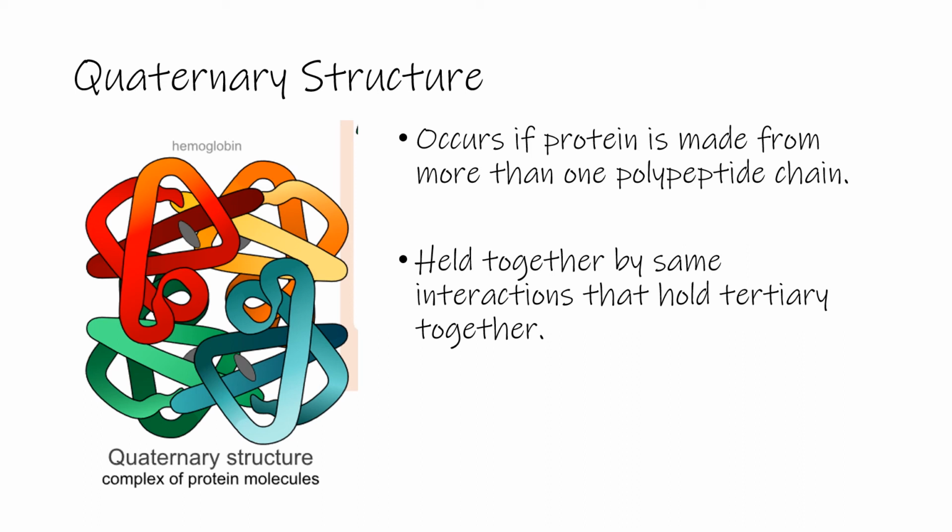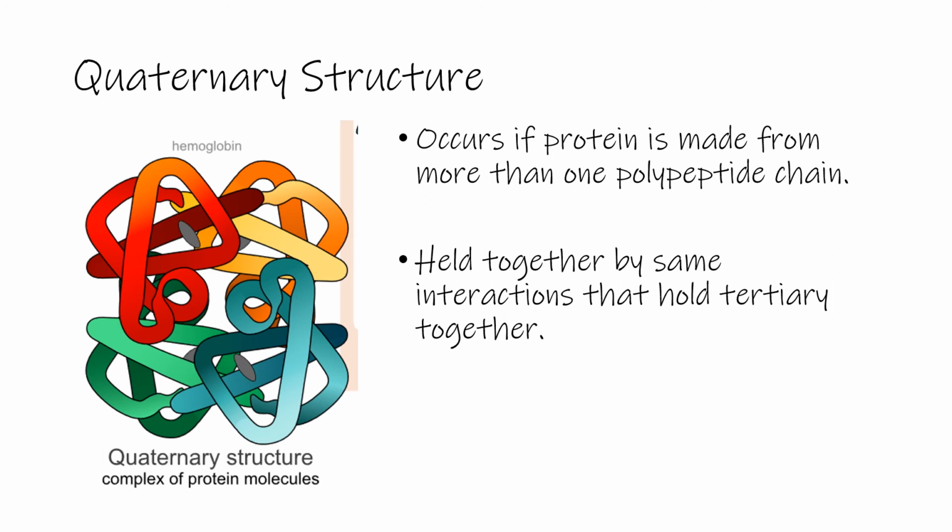And that quaternary structure is just how those individual polypeptide chains, that have their own primary structure, own secondary structure, and folded into their own tertiary structure, so how those separate tertiary structured chains, subunits, come together and stick together in an overall unit. And so that overall unit would be the active form of that protein if it has more than one chain that makes it up. And that is the quaternary structure, just how it all fits together.